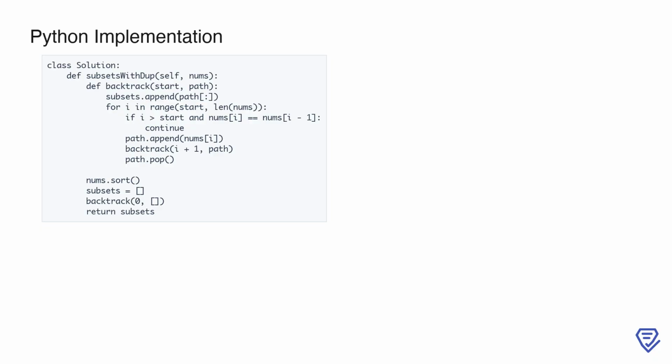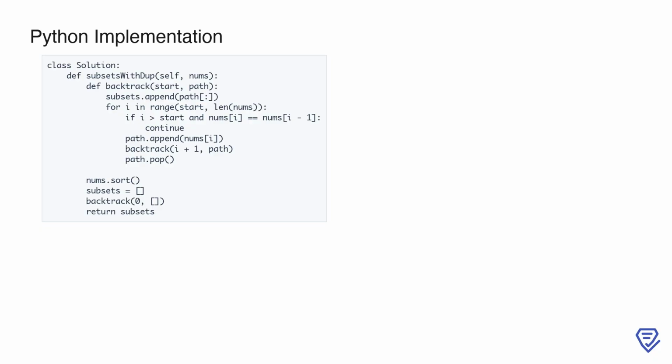4. Iterative exploration. A for loop iterates over indices from start to the end of nums. Duplicate skipping. If the current index i is greater than start and the current number nums[i] is the same as the previous number nums[i-1], we skip this iteration to avoid duplicate subsets. Otherwise, the current number nums[i] is added to the path, and backtrack is called recursively with the next index, i plus 1. 5.